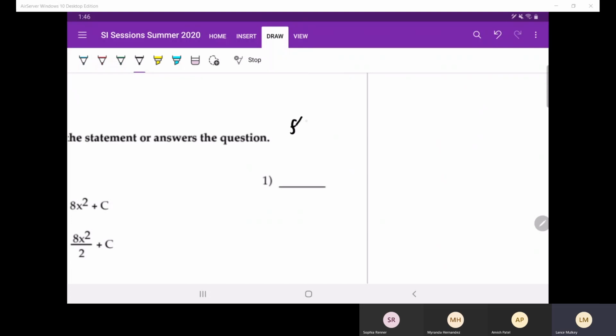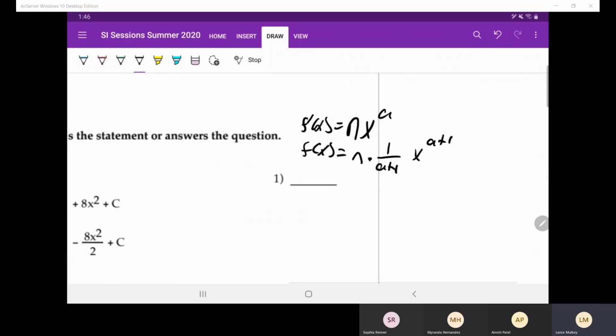When f prime of x equals n times x to the n, f of x equals, let's just use a, because they could be different numbers, 1 over a plus 1 times x to the a plus 1. Because when you're taking the derivative, you're subtracting 1, but this time you're going backwards, so you have to add 1. And instead of multiplying, you're dividing.